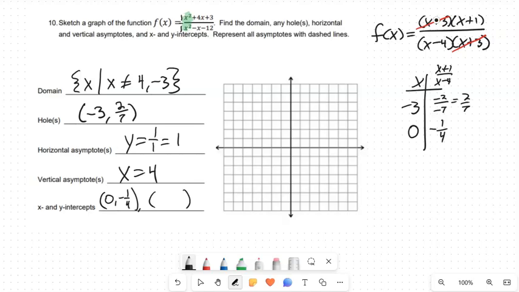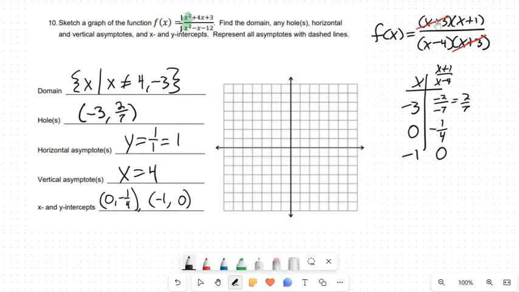And then the other intercept is when y equals 0. For y to equal 0, the whole fraction has to equal 0, and that happens when the numerator equals 0. So if I use negative 1 for x, we'd get 0 over negative 5, which is 0. So negative 1 leads us to 0. That would be the x-intercept.